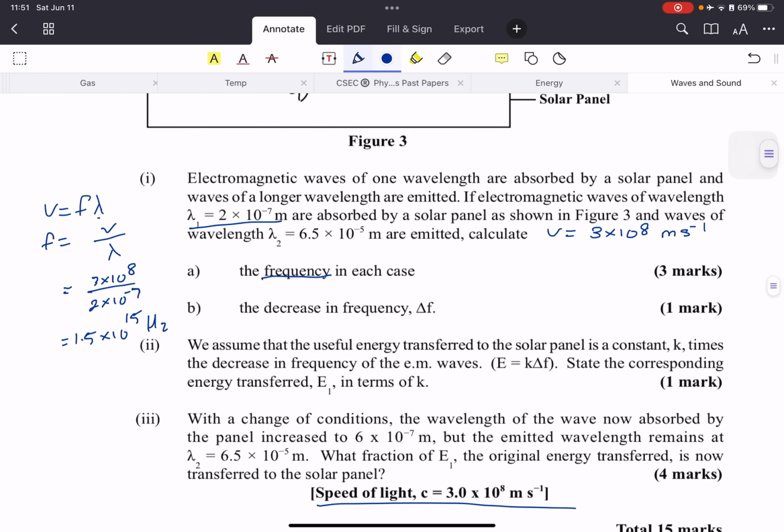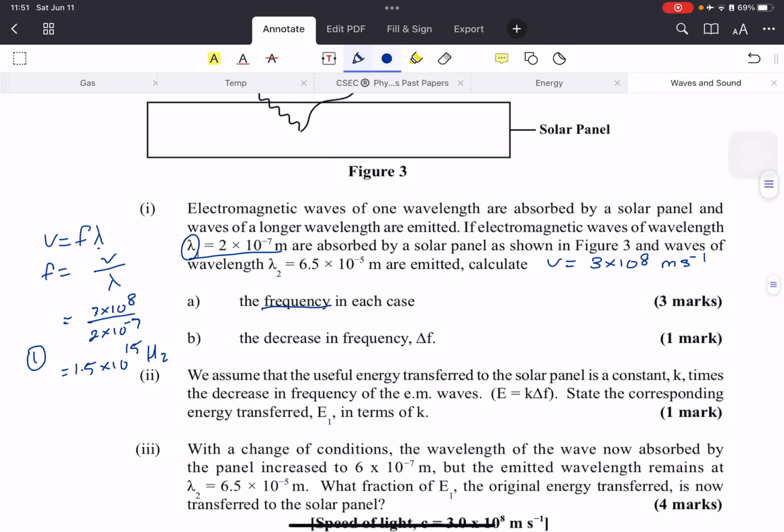All right, that's the frequency for lambda 1, right? So similarly, we just replace the wavelength over here with the one for lambda 2. So it'll be 6.5 by 10 to the minus 5 this time.